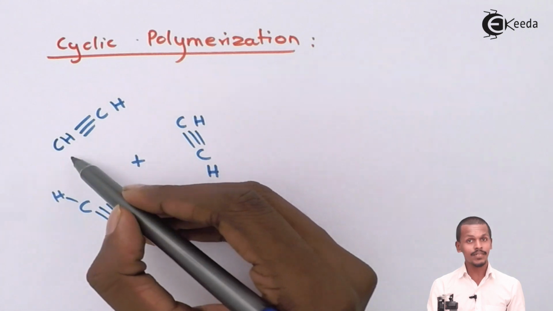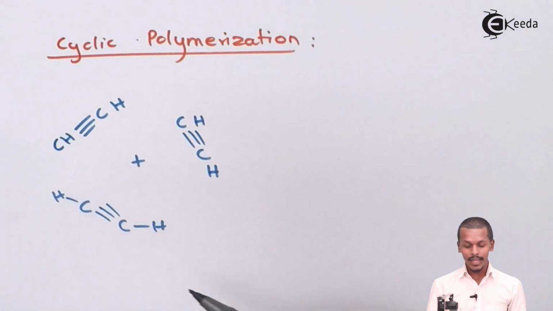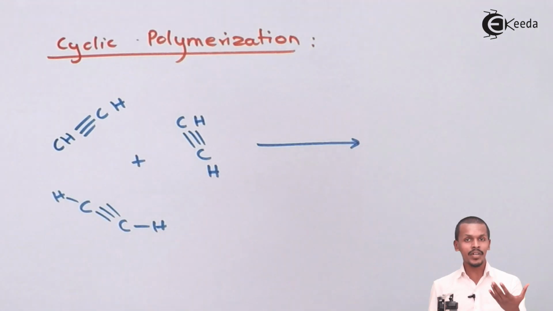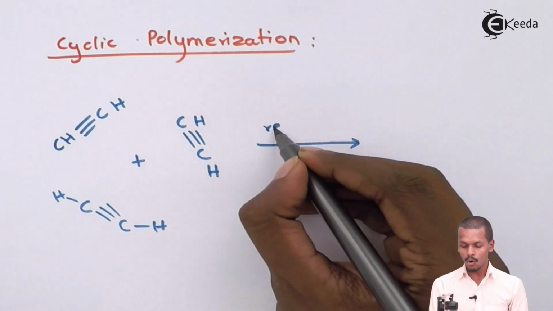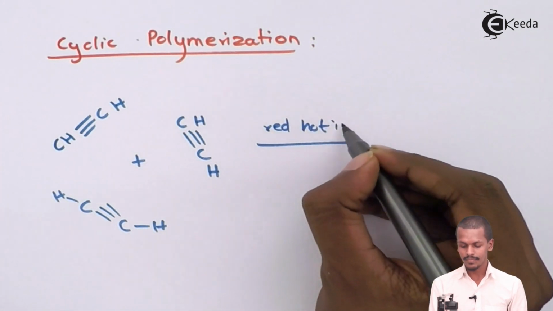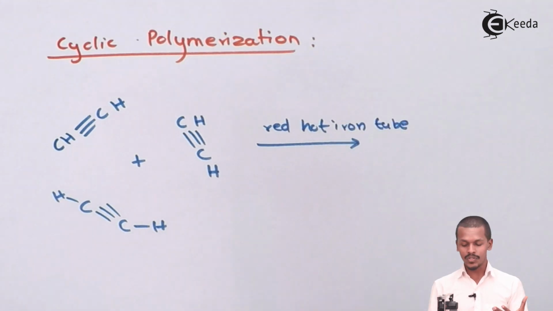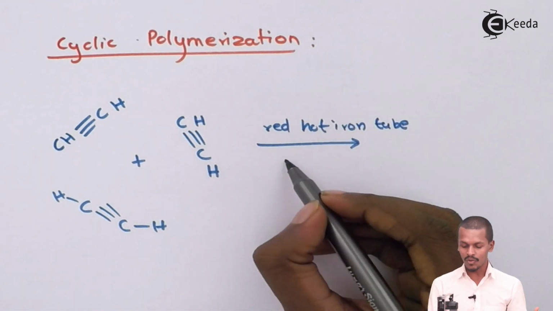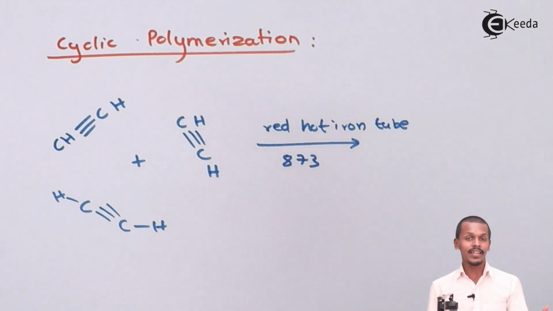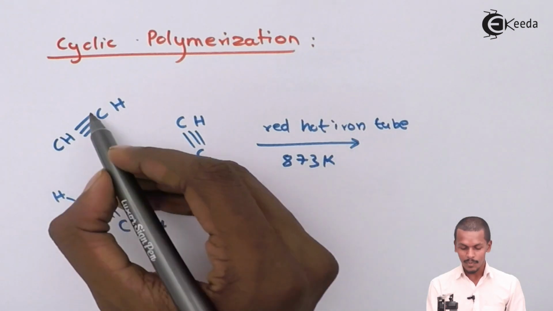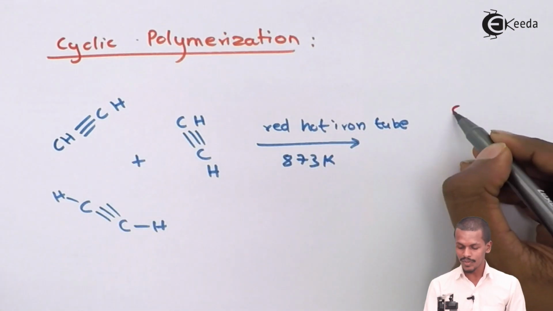If I use proper conditions, that is a red hot iron tube at a temperature of about 873 Kelvin, pyrolysis would take place, that is, bond breaking would take place in such a manner that a CH would be formed over here as it is.